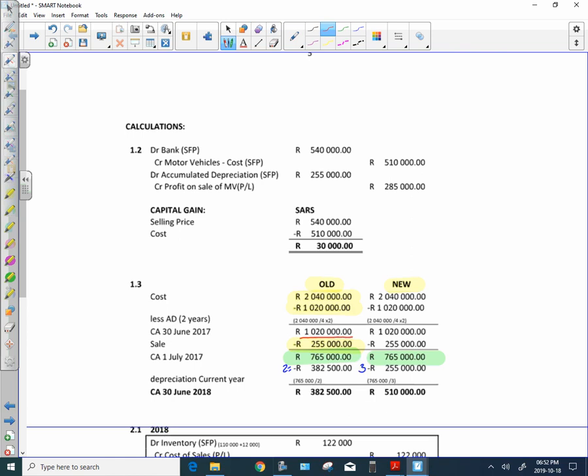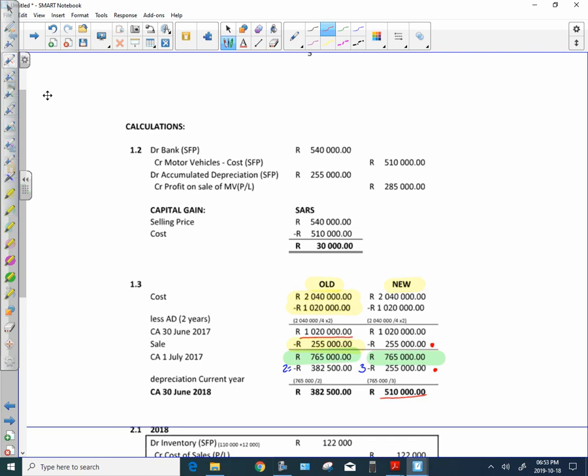Right, and then after the depreciation was done for the current financial year, which only amounted to 255, my carrying amount at year end, 2018. Sorry, that's the sale. And then I've got my depreciation for the current year amounting to 255,000. Carrying amount at year end is 510. Happy with that?